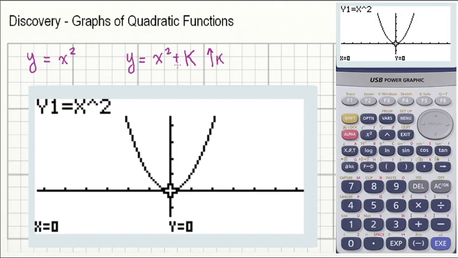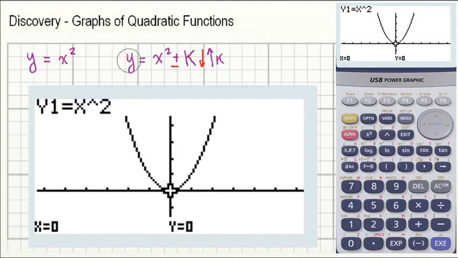And if this was a negative sign, we would be shifting it downwards. Right? And that also matches what we learned in our transformation geometry.